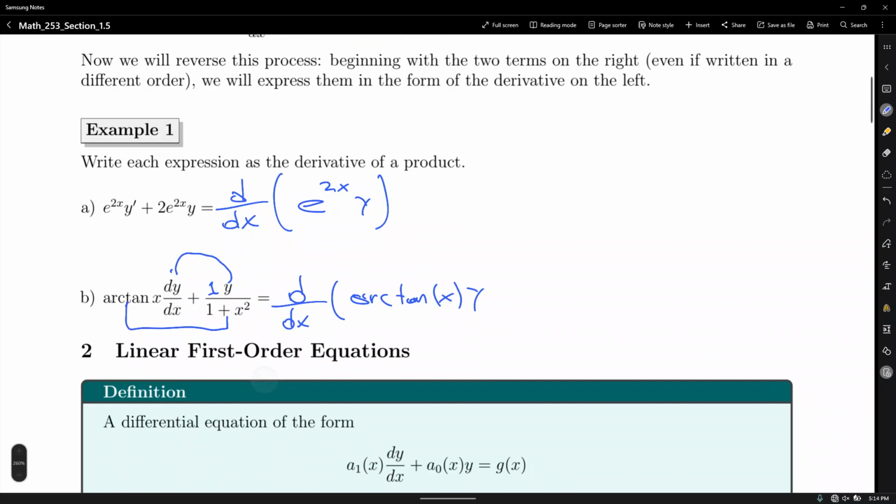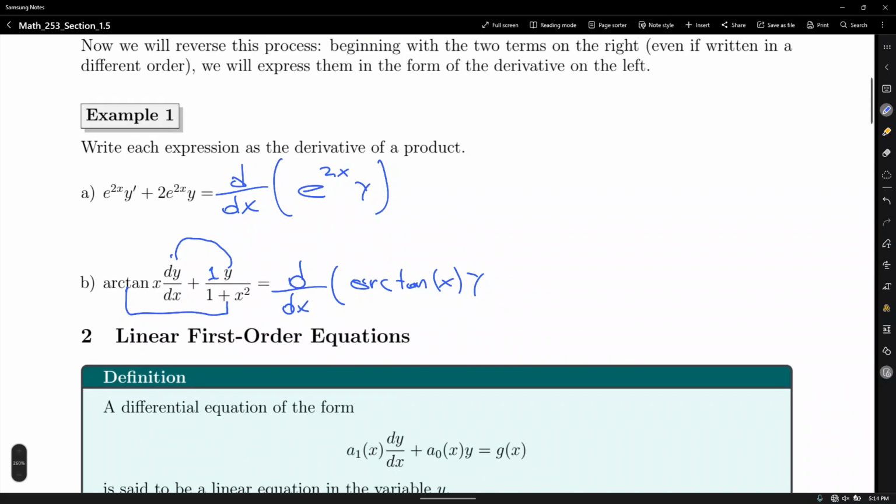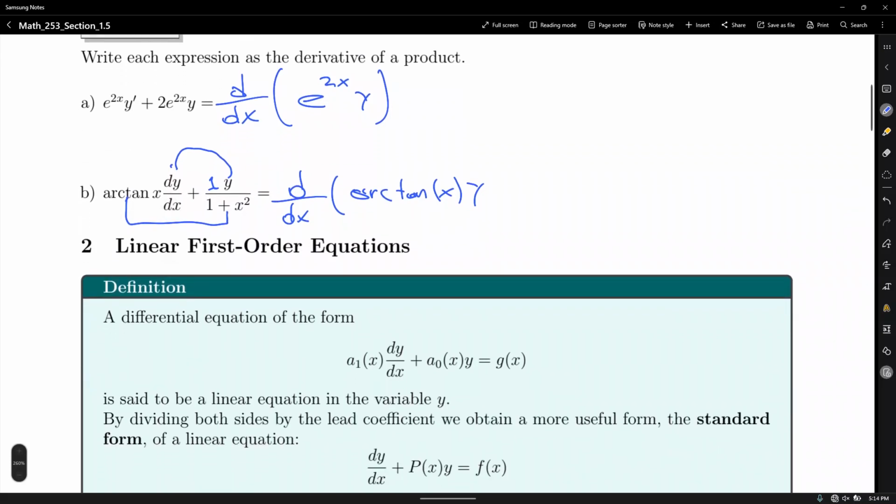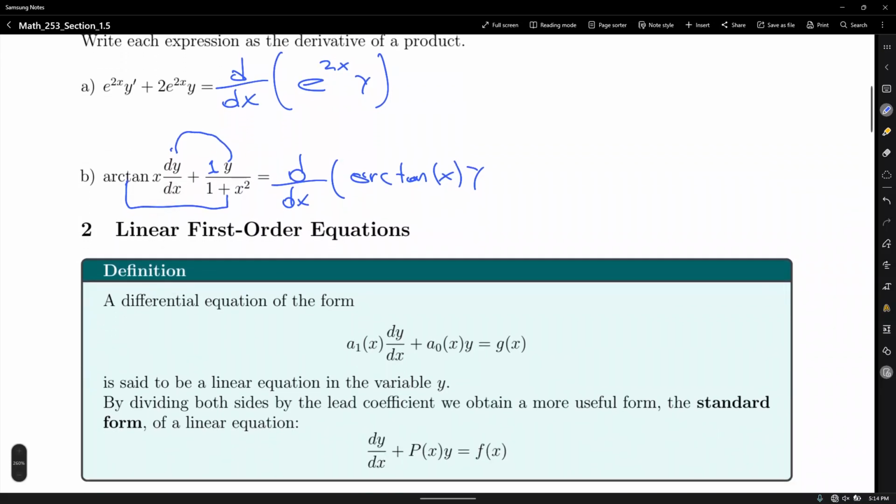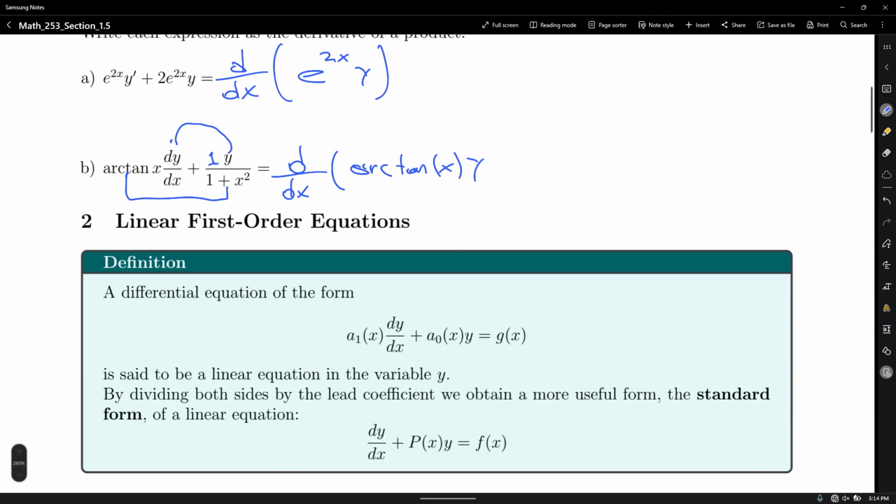Okay, so now that we have the prerequisite, we're going to use this later to get the solution to the equation. So number one, a differential equation of the form a sub 1 of x dy/dx plus a naught of x y equals some function g of x. That's a linear first order equation.